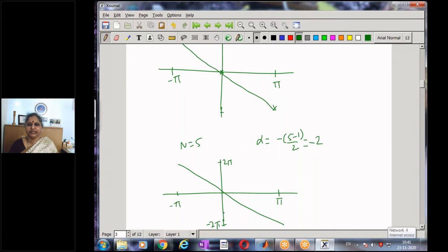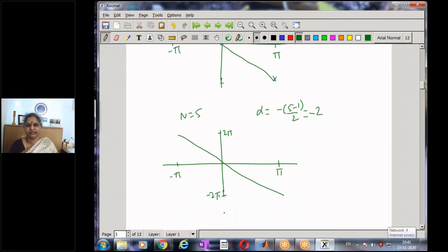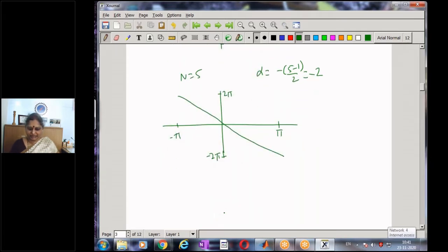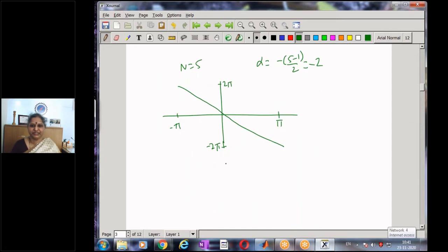It's actually going from minus 2 pi to plus 2 pi, but by computation, because my system is designed to give me only values from minus pi to pi, it will show me the values from plus pi to minus pi.